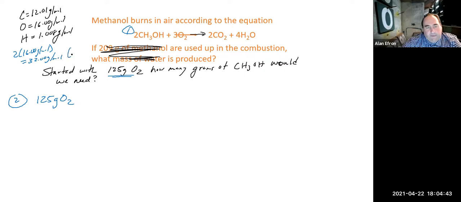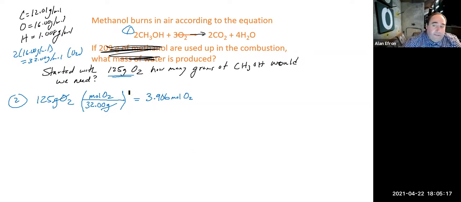And again, that's the molar mass of O2. We're going to use that as a conversion factor. Again, grams are going to go on the bottom so that they cancel, leaving us with moles of O2 up on top. And that will get us 125 divided by 32, which looks like maybe 3.906 moles of O2. Any questions on that so far?